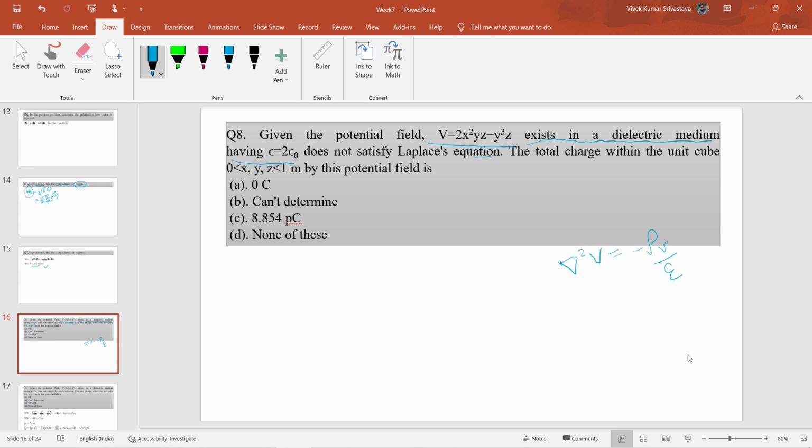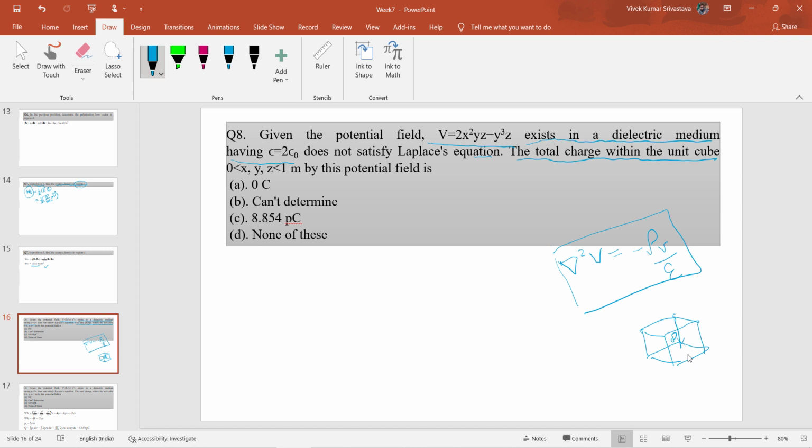We have to find the total charge within the unit cube. Suppose this is a cube, and inside this cube some charge is present, defined as rho v. We have to find how much charge is present inside this cube, so for finding rho v we will use Poisson's equation.